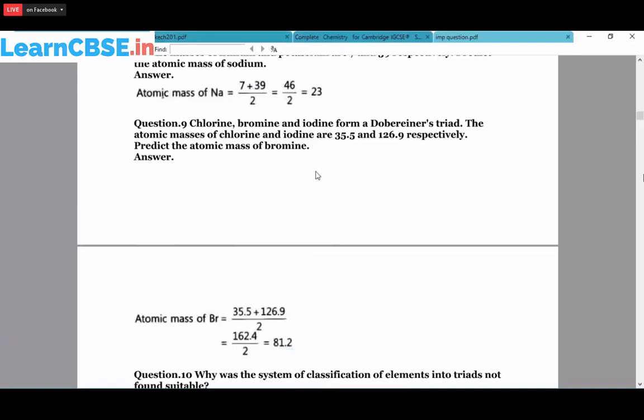Predict the atomic mass of bromine. Here also it is the same thing. They have given the atomic masses of chlorine and iodine, so we have to predict bromine. We take the average of these two: 35.5 plus 126.9 divided by 2. So 162.4 divided by 2 gives 81.2. This is the atomic mass of bromine.